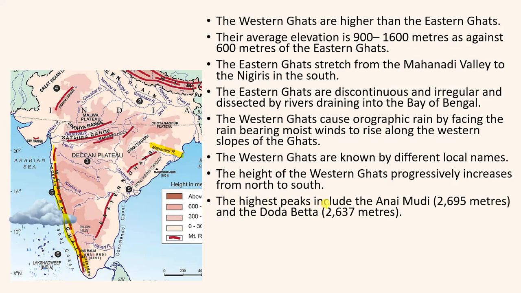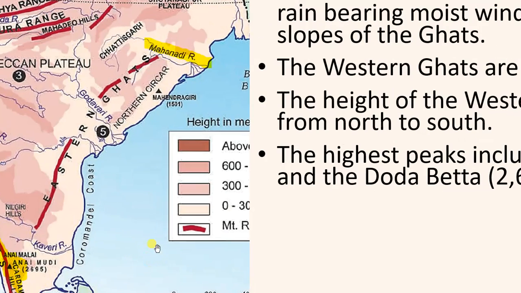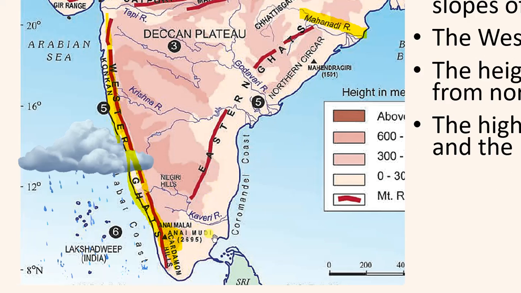The highest peak includes Anaimudi, 2695 meters in this range. In the map you can see that Anaimudi range is located here.